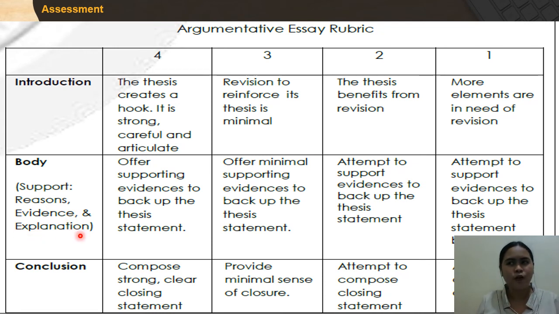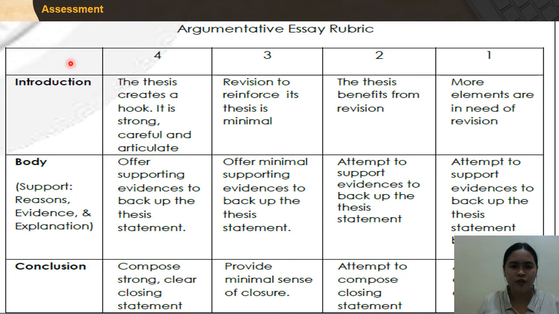So, hindi lang according to, based on ang ilalagay nyo. So, based dun sa mga na-research nyo, ano yung explanation mo, based from your own understanding of what you have researched. So you offer supporting evidences to back up the thesis statement in the introduction. And last one, for the conclusion, you should compose a strong, clear closing statement.